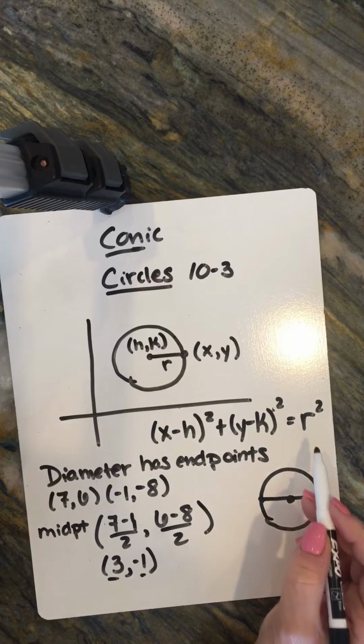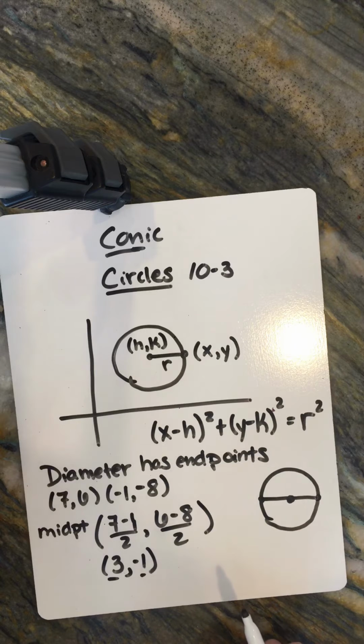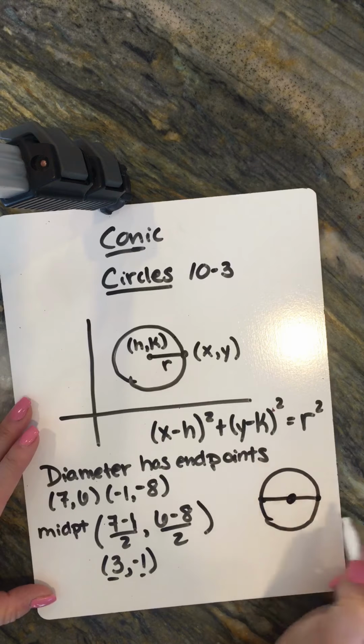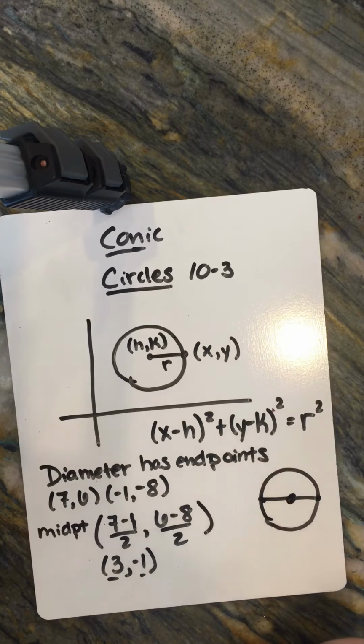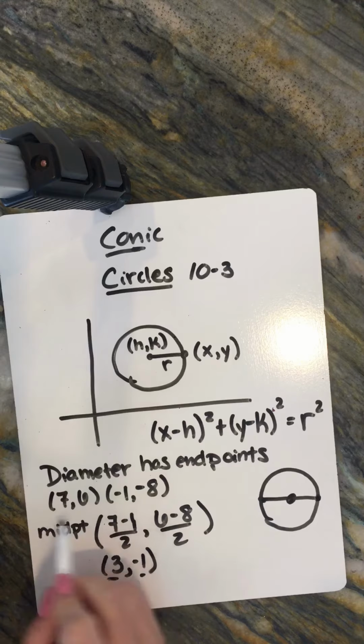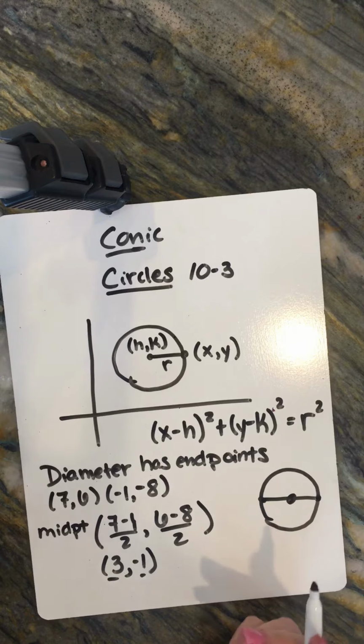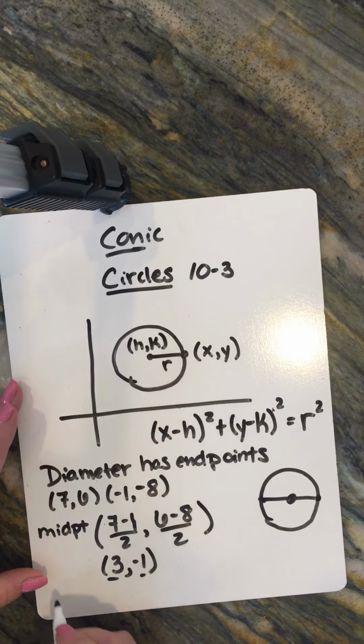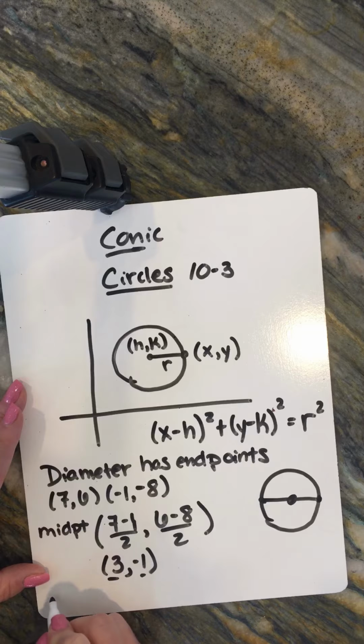We need to find our radius, so we've got to find a distance from the center to one of the endpoints. Pick your favorite one, it doesn't make any difference. I'll probably deal with the positive one just to avoid possible mistakes with negatives, but it's totally up to you. You'll get the same answer, right? Because radii are the same.